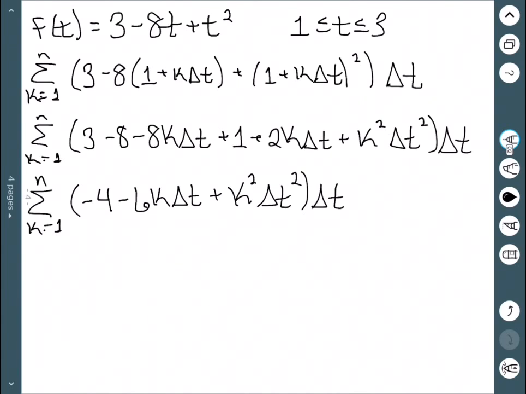Using our rules for summations, this negative 4 would be negative 4n. This would be minus 6 delta t, and then the summation of k was n times n plus 1 over 2.